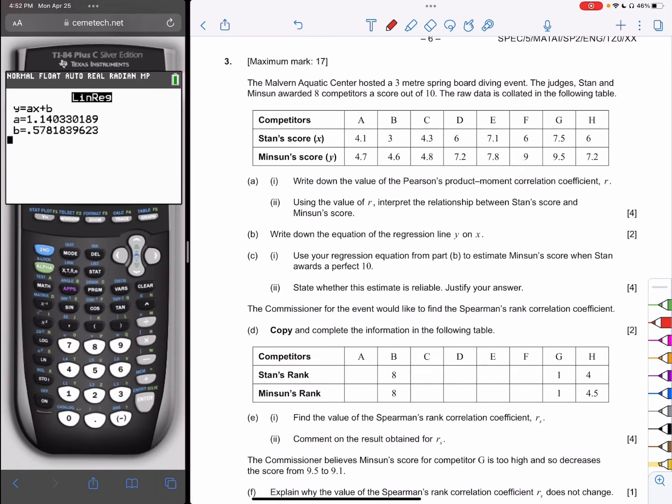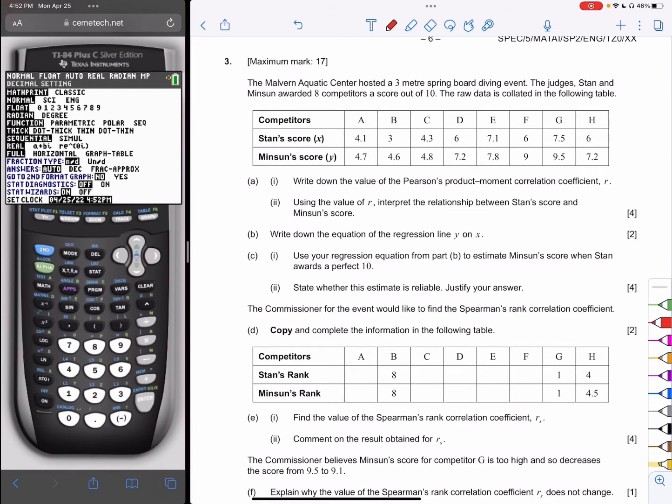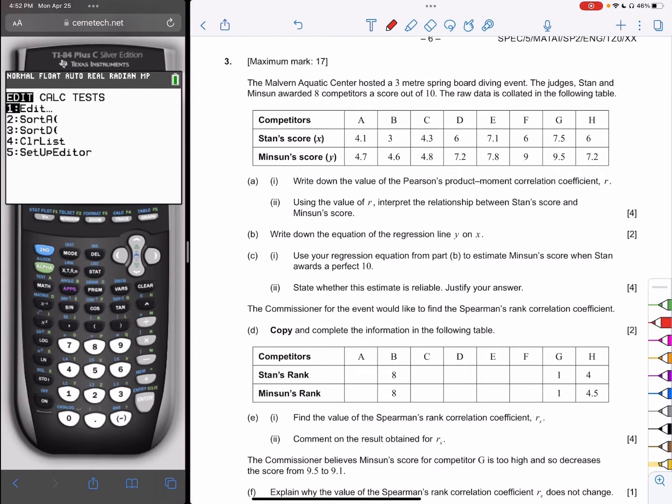So if your R does not pop up on the screen, that just means that you have not turned on your stat diagnostics. So in order to turn on your stat diagnostics, you need to press mode, go down to stat diagnostics, and then go to on, and then press enter, and then it will be on. So then we can go back and repeat the process.